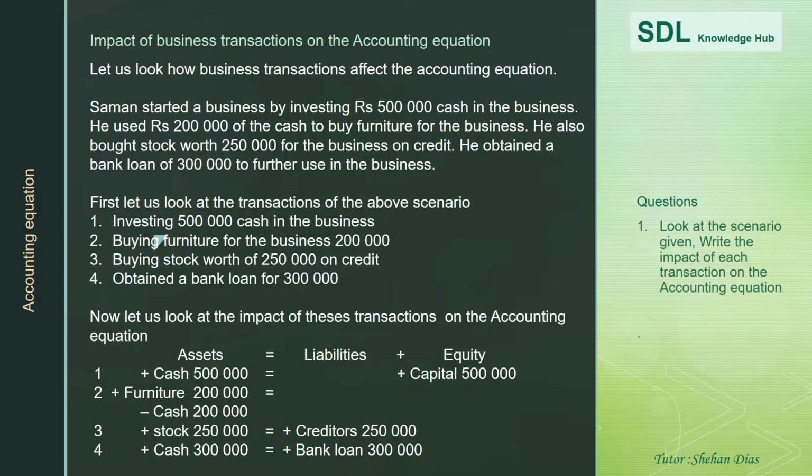By getting a bank loan, the business will get cash of 300,000. The bank loan the business needs to pay back is a liability. So under liabilities, bank loan 300,000. I hope this is clear for you, the recording of transactions in assets, liabilities and equity, the accounting equation.